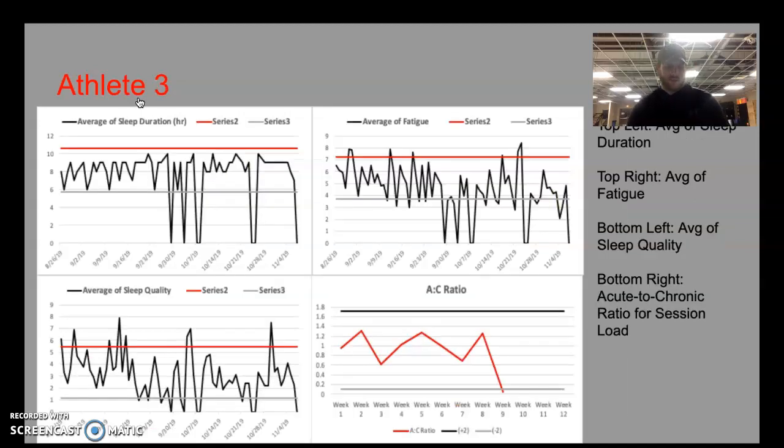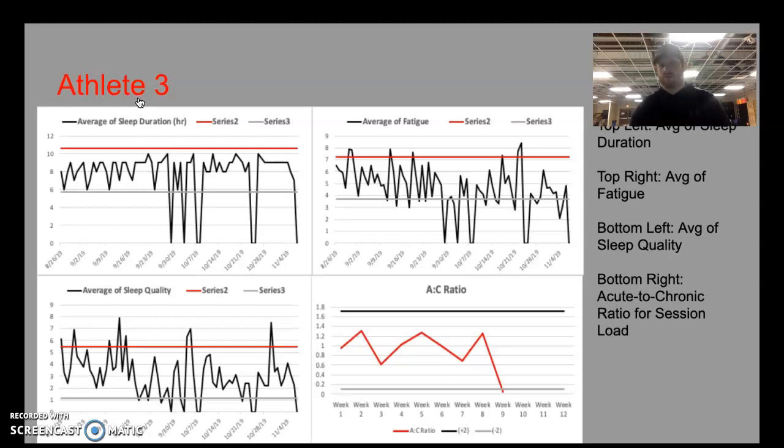Athlete 3. Here we chose some subjective values because the sleep duration is fairly low from 10/14 to 10/21. The sleep duration is higher, and their fatigue from 10/14 to 10/21 is also higher, and their sleep quality is reported on the lower end of things, and consequently they have a spike in AC ratio at week 8.